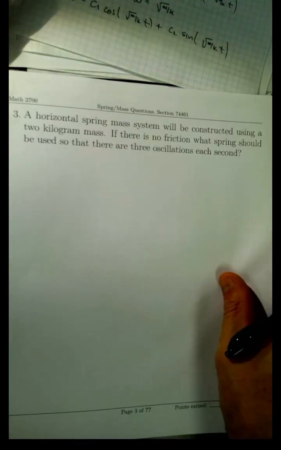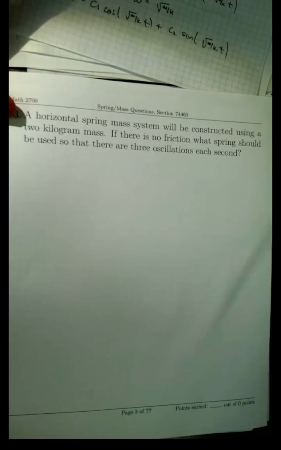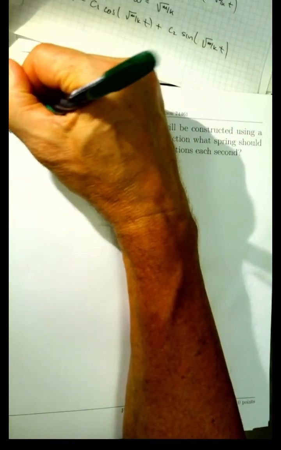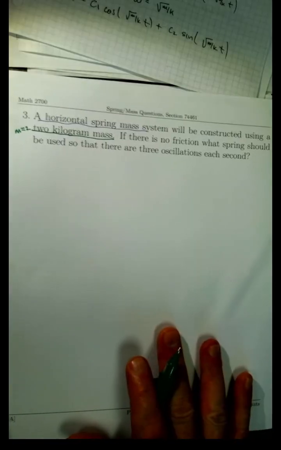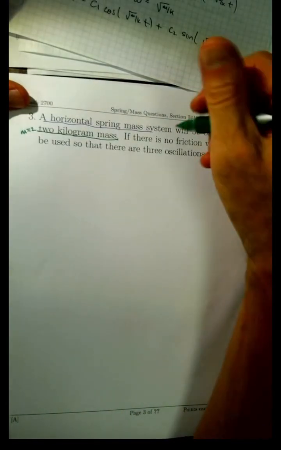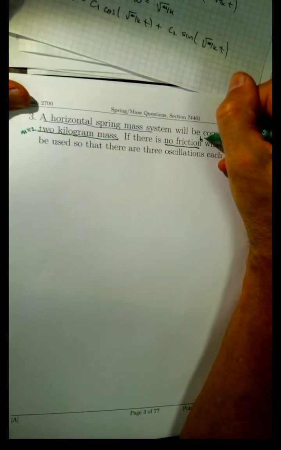So let's look at an example. Suppose we have this situation. We've got a horizontal spring mass system, and we're going to construct it with a 2 kilogram mass. So m is 2. There's no friction, so B is 0.